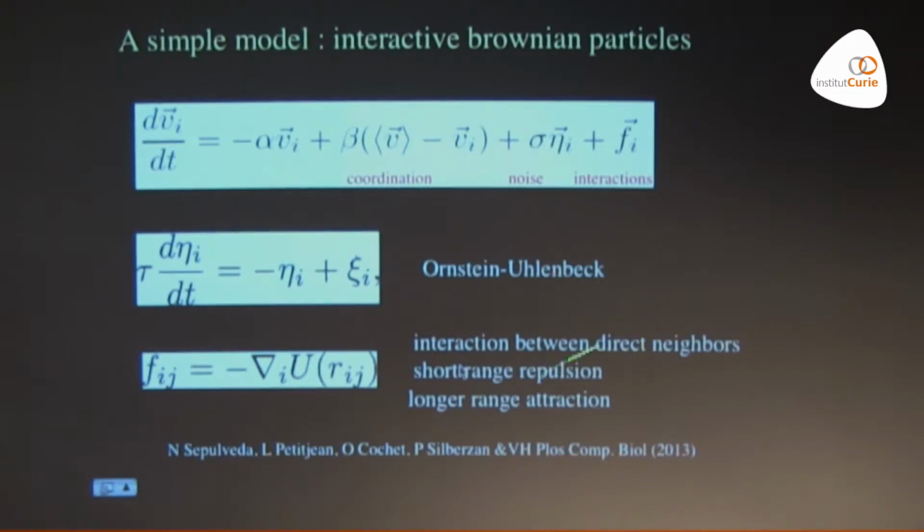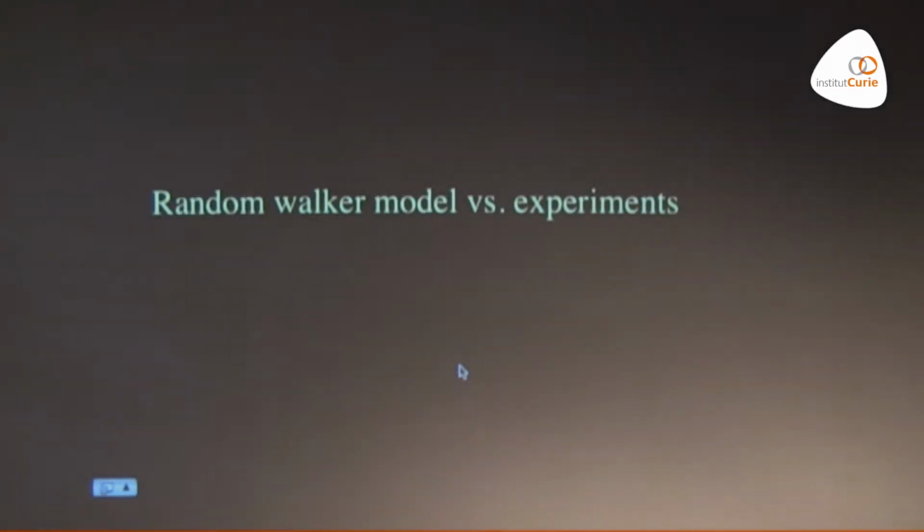And so there is a repulsion between these points. And you can also put some attraction if they are a bit separated and not too far. So there is an intermediate range attraction from a point to its neighbor. So one can try to see if this model accounts for the data in some sense.